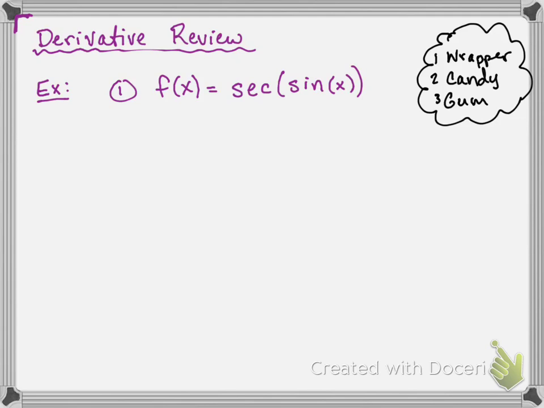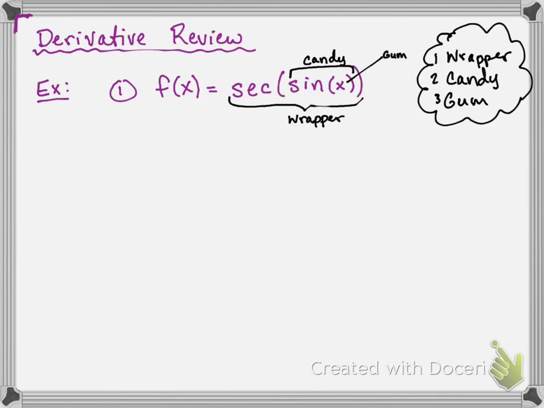So what I've got to do is dissect this function that I've got. Right here, this whole thing is the wrapper. Then what's the next most inside thing? Sine of x. So that would be the candy part. And then there's one last little thing, that's the gum.